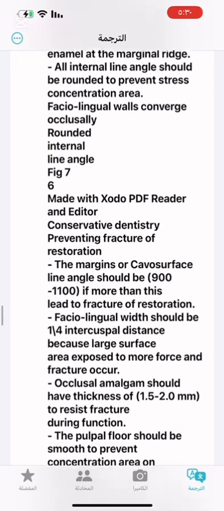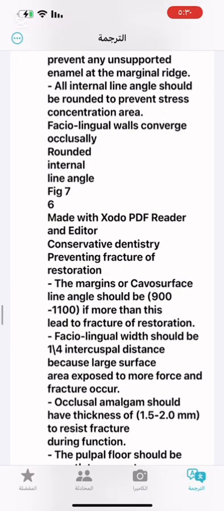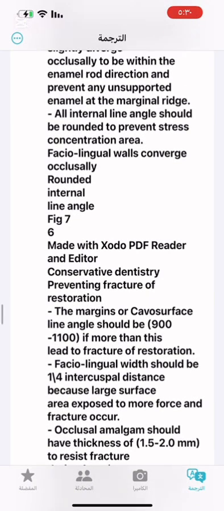All internal line angles should be rounded to prevent stress concentration areas. Faciolingual walls converge occlusally, rounded internal line angle. Figure 7.